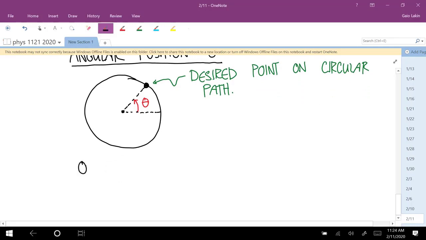If theta is positive, that means that we've gone counterclockwise from the reference line.